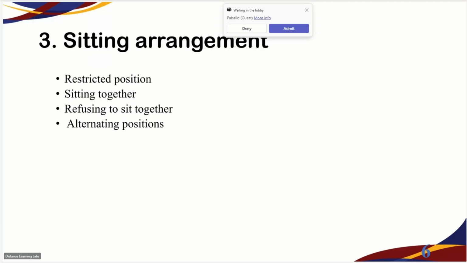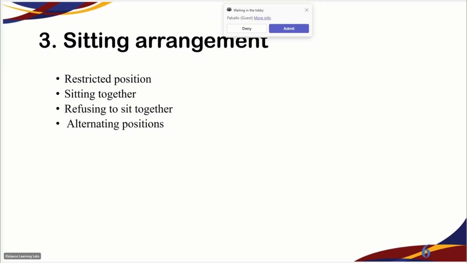And then we can also have them sitting in alternating positions. Alternating positions, meaning if we have two different genders, for them to alternate, it would have to be boy, girl, boy, girl, boy, girl, boy, girl, and so on. That is them sitting in alternating positions.